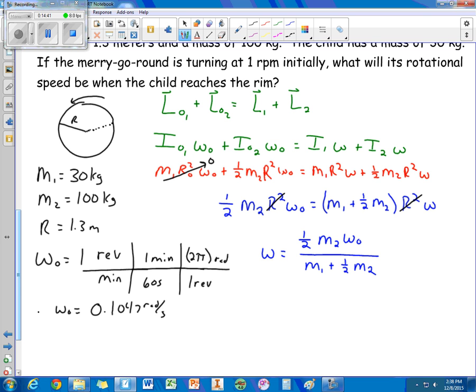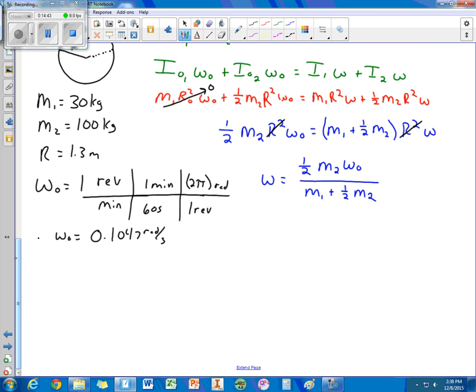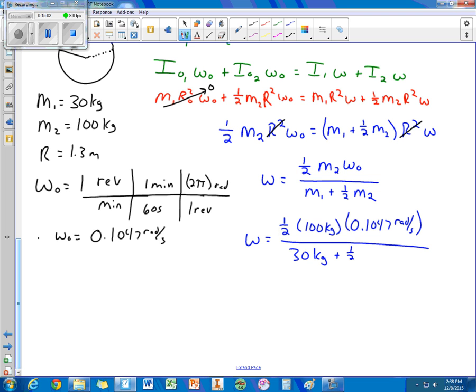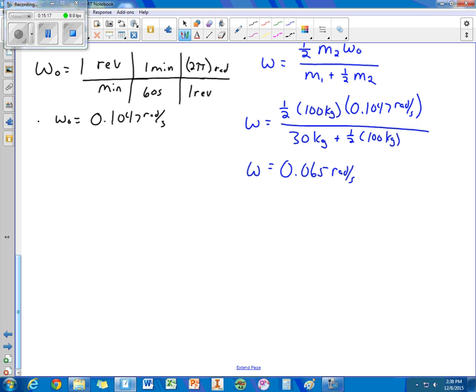There we go. And I can go ahead and plug in my values. So we get 0.065 radians per second.